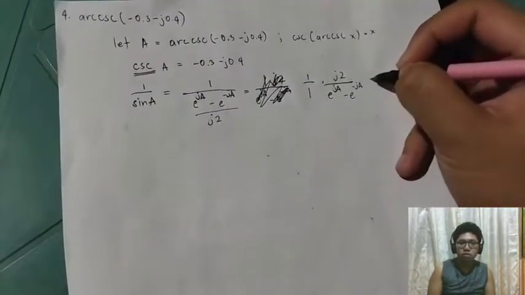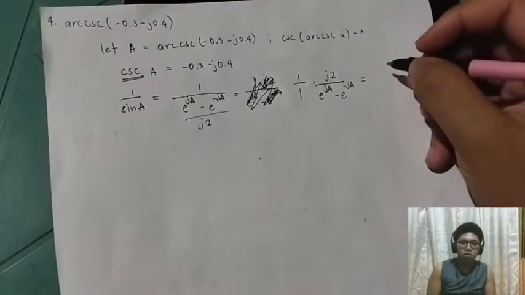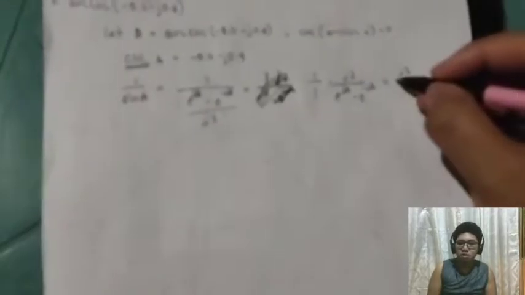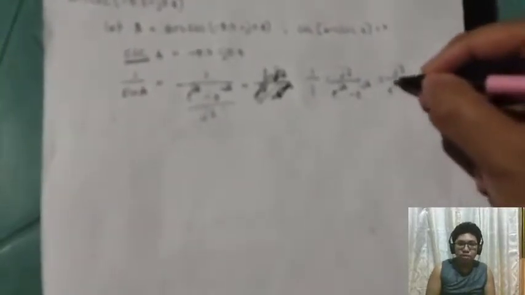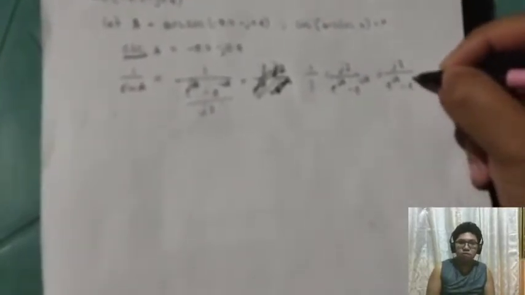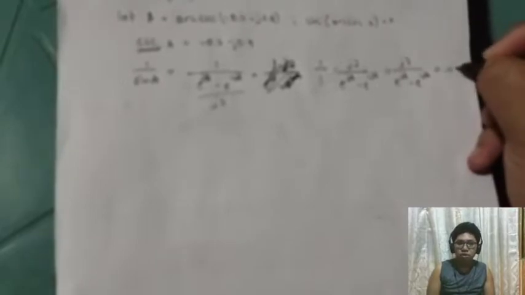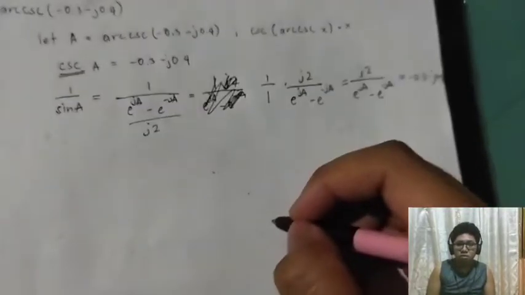To simplify the fraction, that is just j2 over e raised to ja minus e raised to negative ja equal to negative 0.3 minus j 0.4.